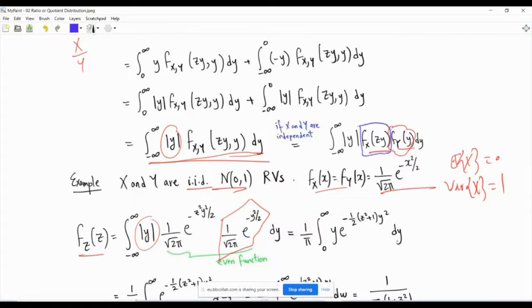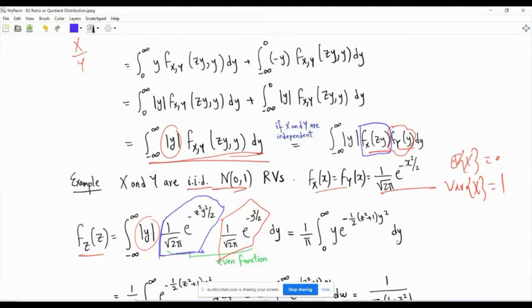You replace small x by zy, and so you get this thing here. And you find that in your integral, you have y squared in the exponential, and here you have the absolute value of y.